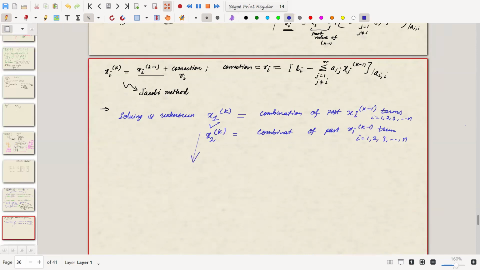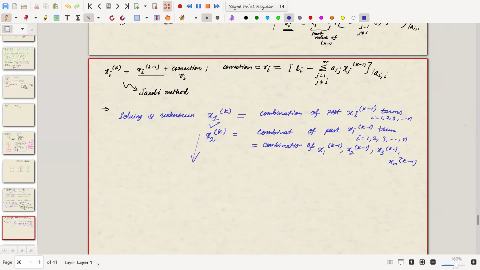There is just a tiny visualization. It is a combination of, let me write, x1 of k minus 1, x2 of k minus 1, x3 of k minus 1, and so on, up to xn of k minus 1. Everyone agree?